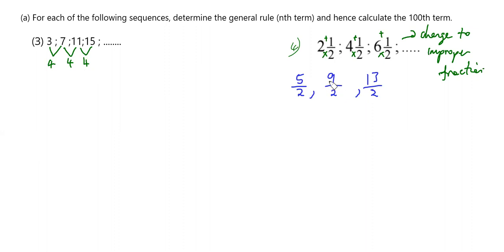Now, can you see what we're going to do? We need to find the common difference. But how do you get the common difference here? You don't need to put in all the values here to say 9 over 2 minus 5 over 2. Treat the denominator on its own and the numerator on its own.